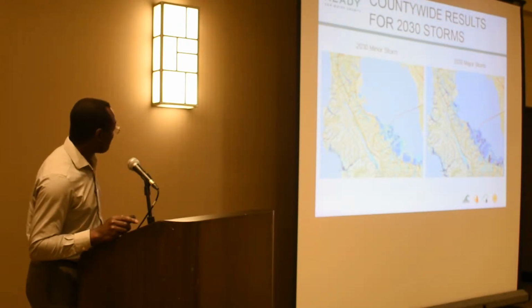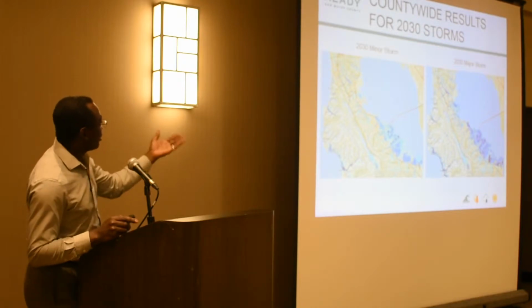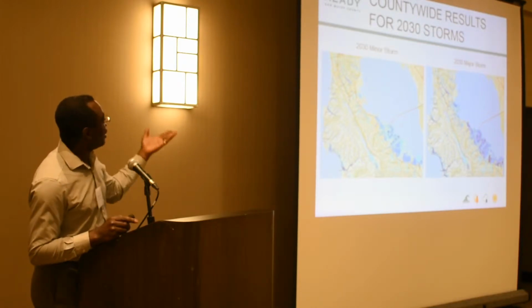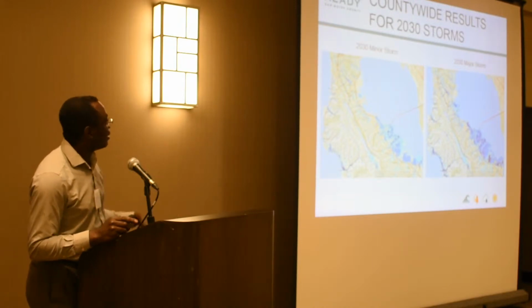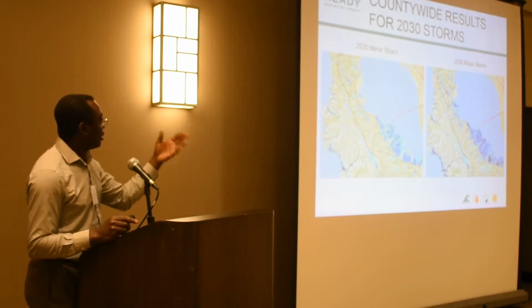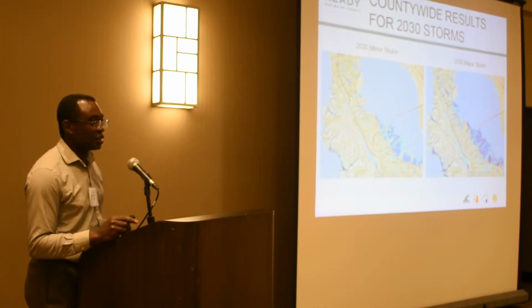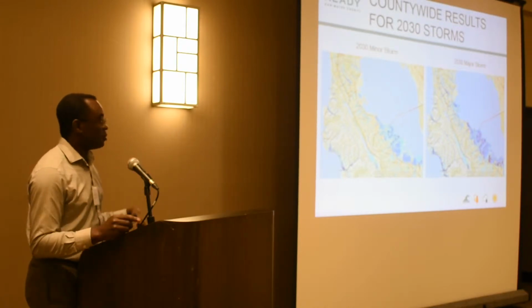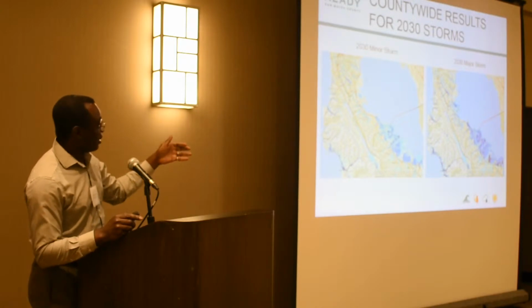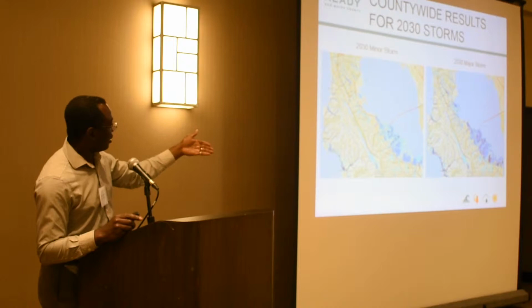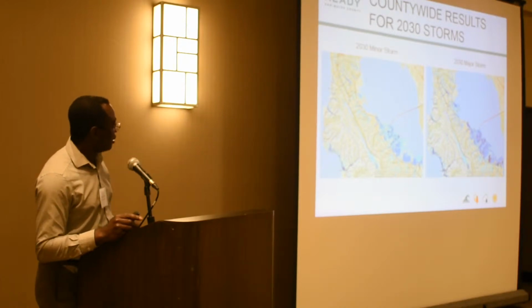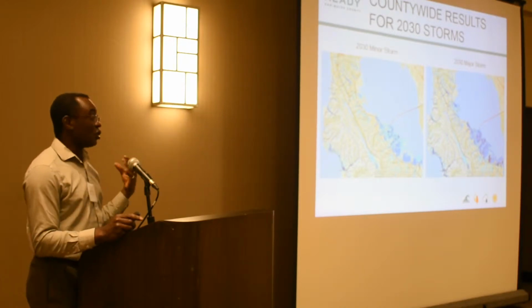Here are some of the results that we have. On the left, a minor flood under 2030 climate conditions, and a major storm on the right under 2030 conditions. Again, some of the changes begin to be obvious, and notice that there's flooding at the coastal interface of the bay, and to some extent also on the ocean side. And this is all fresh water.